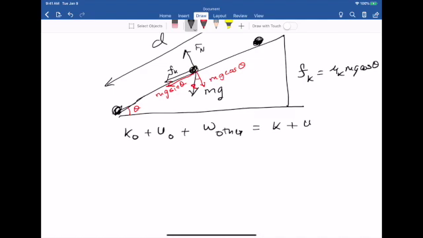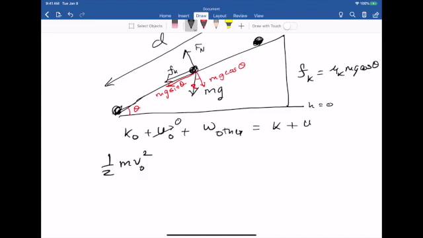What is the initial kinetic energy? It's just going to be half m v initial squared. What is the initial potential energy? We only have gravitational potential energy in this problem. If we choose h equals 0 at the bottom, then the initial potential energy will just be 0.